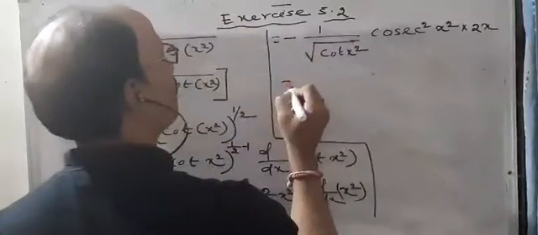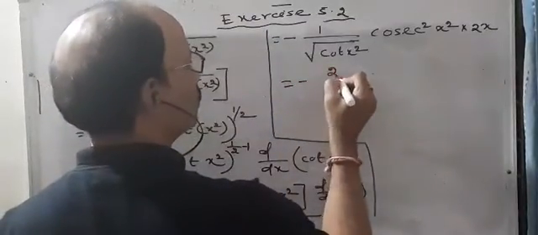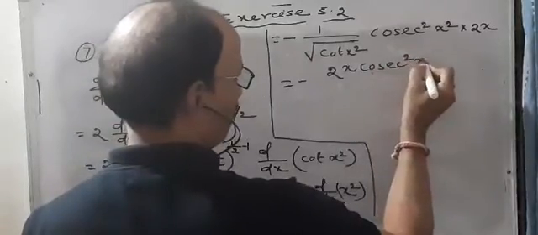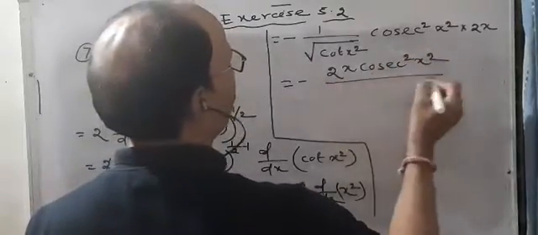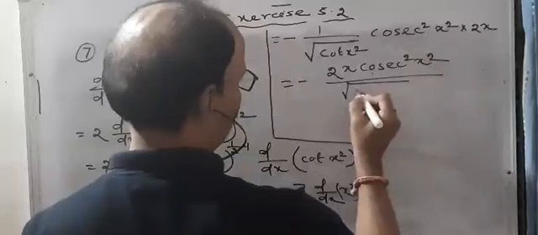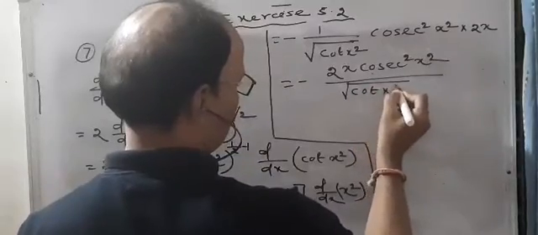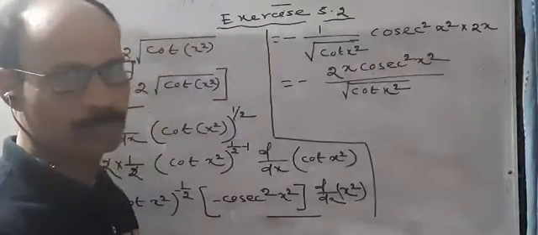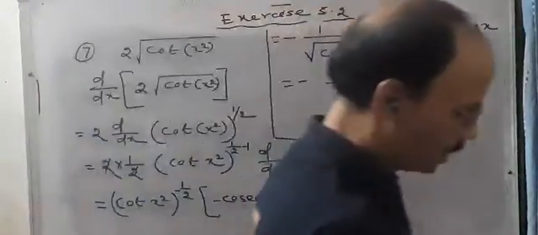So now it will be minus 2x cosec square x square upon under root cot x square, and this is the answer. So note down please.